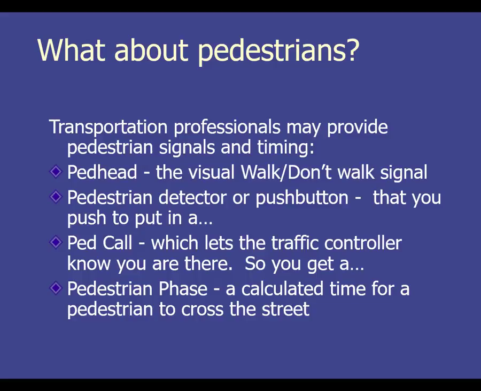And that's called a ped call, which lets the traffic controller know that the pedestrian is there, so that the pedestrian gets a pedestrian phase, which is a calculated time for the pedestrian to cross the street, based upon the average time for someone to make that crossing. But it requires that the individual push that call, push that button.